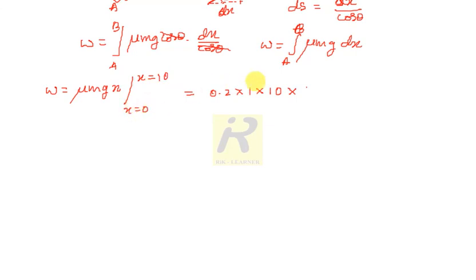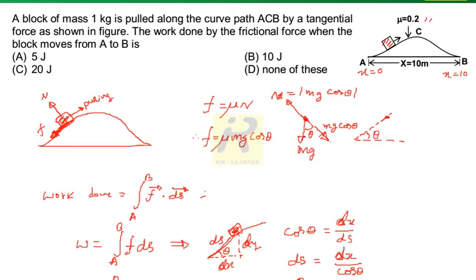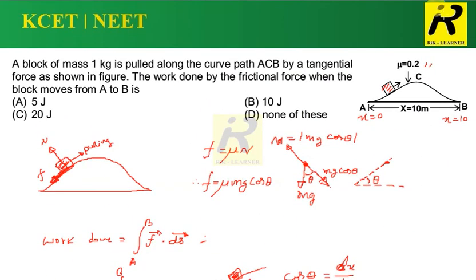So it is 0.2 into 10, which is 2, into 10, which is 20 joules. So the work done by the frictional force in the given situation is 20 joules. So the correct answer is option C.